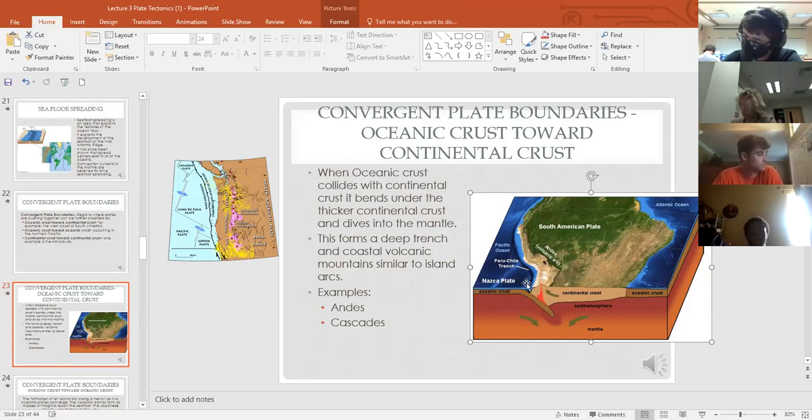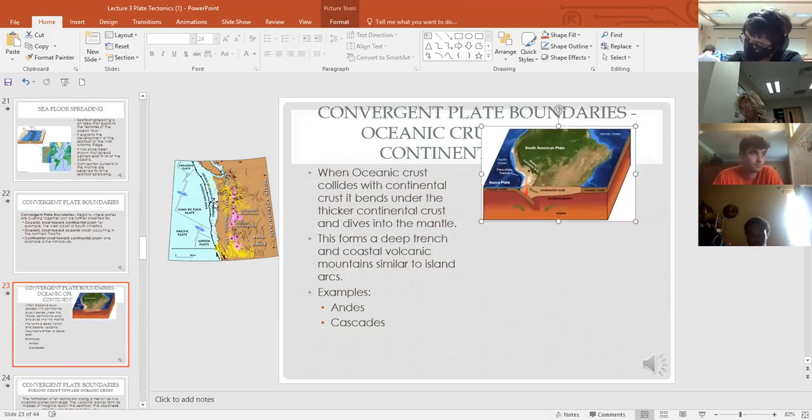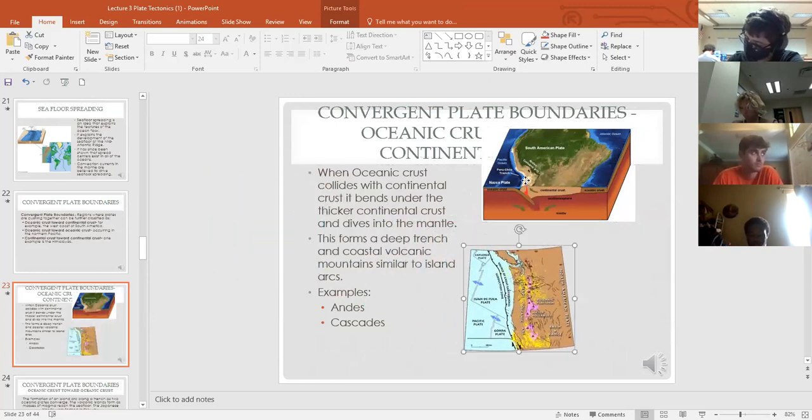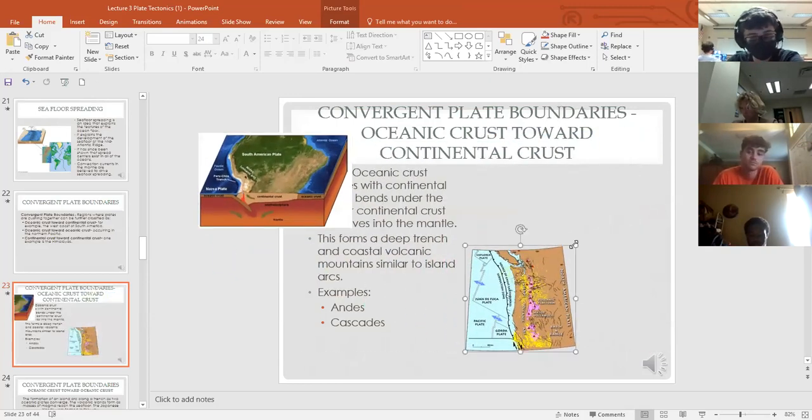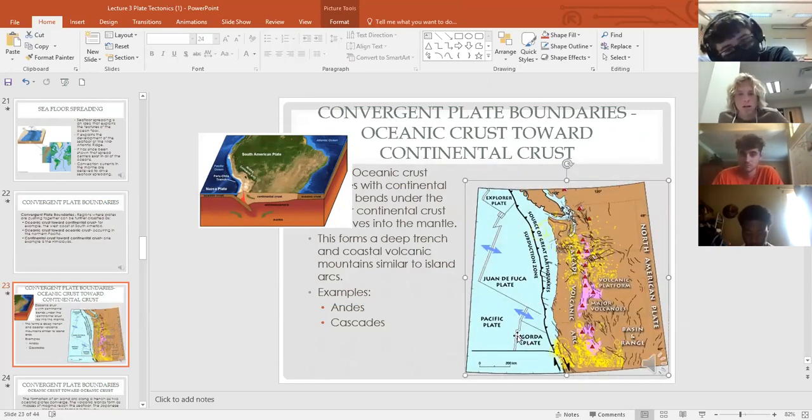So here is what's happening right now and why the Andes are still growing. This is that little Juan de Fuca plate we talked about. And even another broken Gorda plate, Pacific plate, Explorer plate. Okay, this is a little shattered plate.